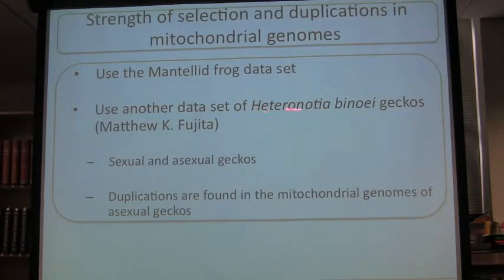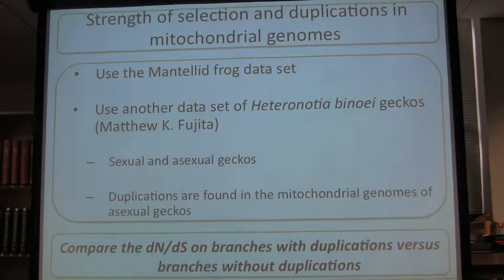And so the geckos were Heteronotia binoi geckos, which happen to have two types of individuals, the sexual individuals and the asexual individuals. And interestingly, we find the duplications only in the mitochondrial genomes of asexual geckos. It's somewhat of a mild mystery why we find duplications only in the asexual geckos and not in the sexual geckos.